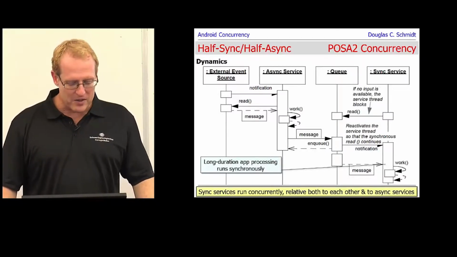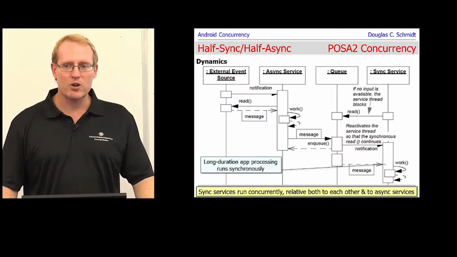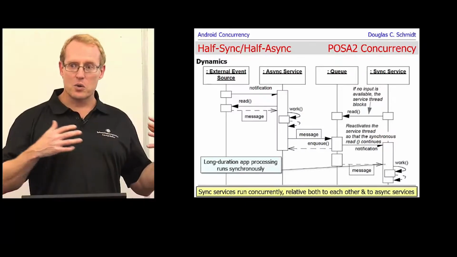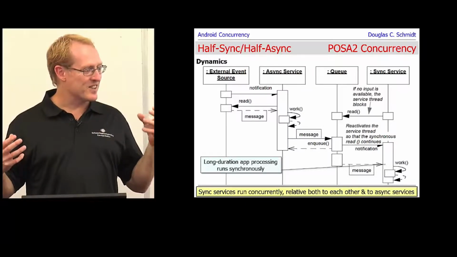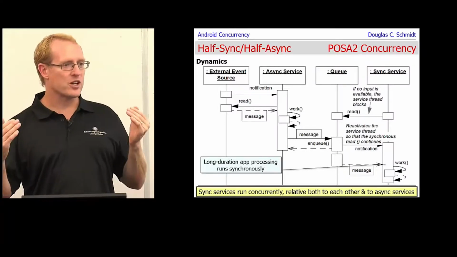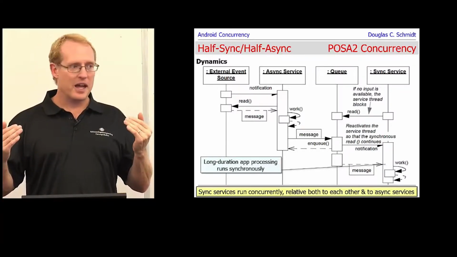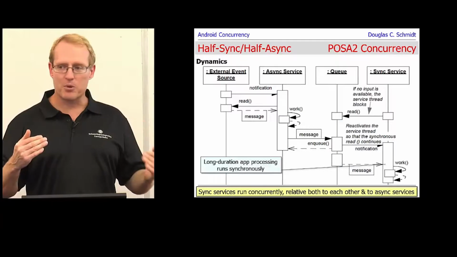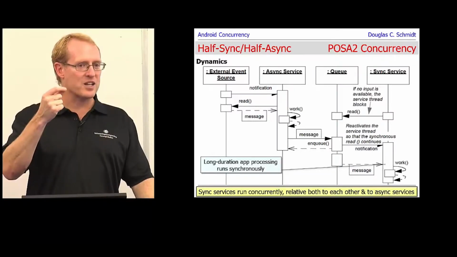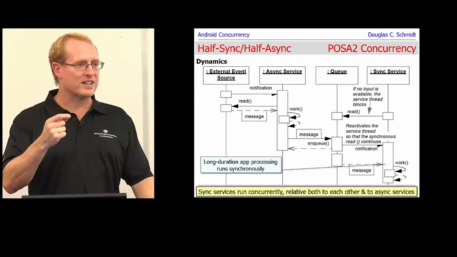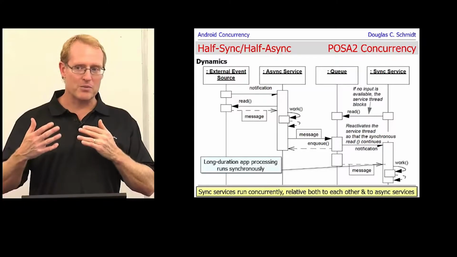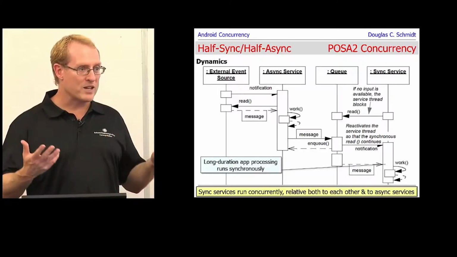Keep in mind here that the synchronous services run concurrently, both with respect to each other and also to the asynchronous part. What that suggests is that the parts in the asynchronous portion and the parts in the synchronous portion should be very careful how they interact with each other. For example, they probably should be extremely careful not to try to access shared state directly, because if they do that, they either need to lock it, which could run into problems, or they'll end up with race conditions.